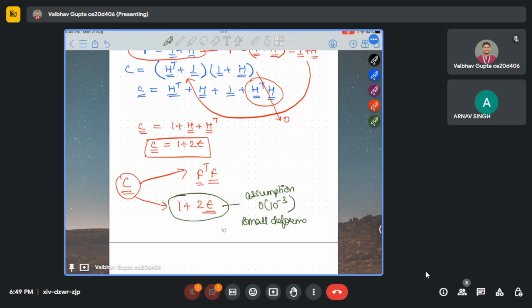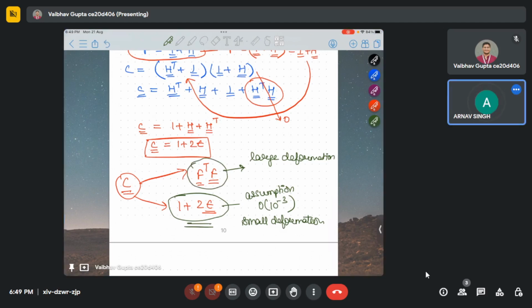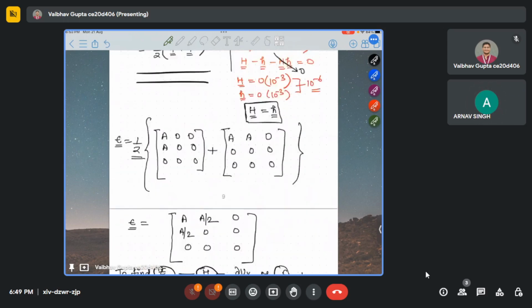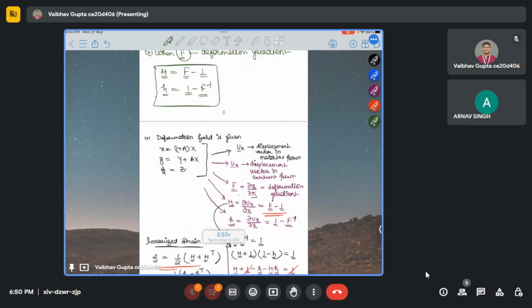If the question asks for large deformation, you don't use this formula; you use the other one. I'll show you an example. Our F matrix as per our question is 1 plus A, A, 0, A, 1, 0, 0, 0, 1. I'll just confirm above. Where is F?